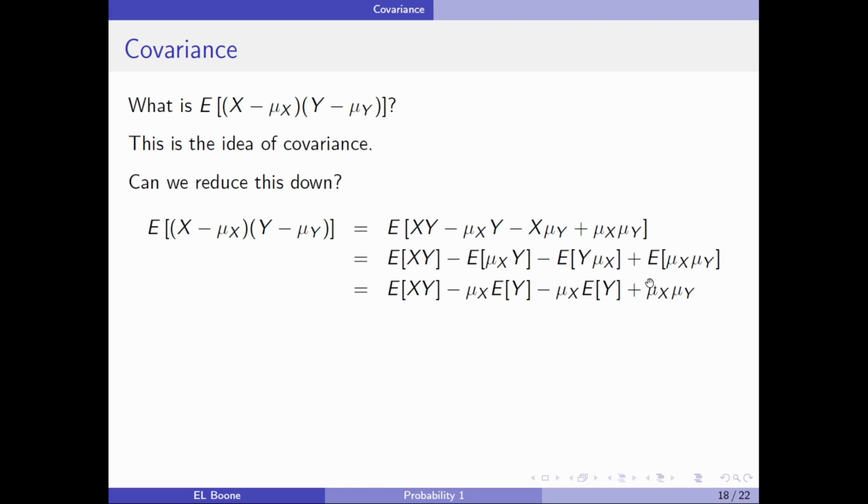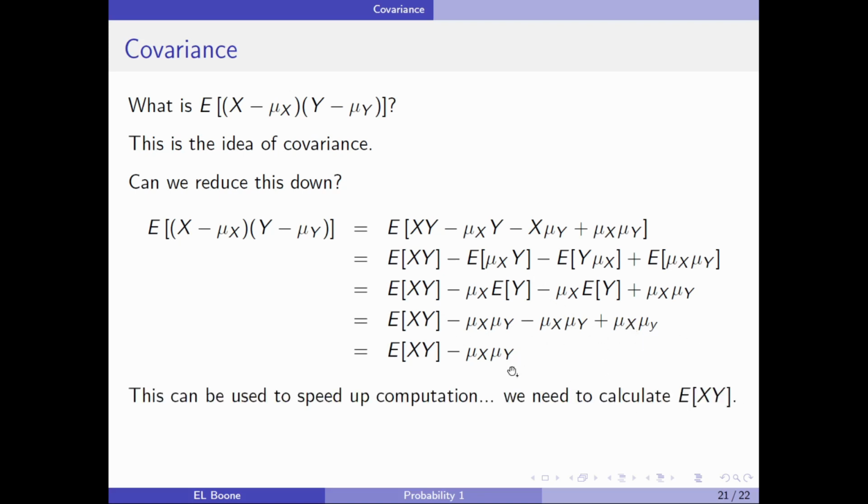We know the value of that. It's an expected value. It's a number already. Then we end up with this once we say the expected value of x is mu x and the expected value of y is mu y, and it boils down to that: a whole bunch of things cancel out, and we're ready to go. So this will help us speed up computation here.